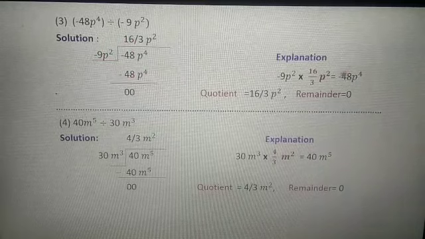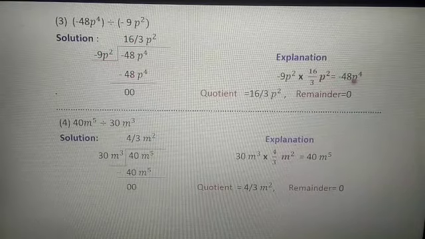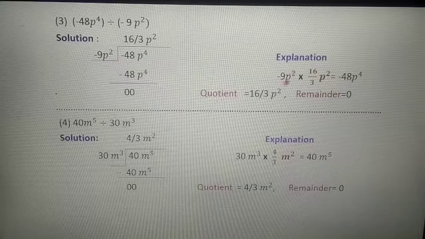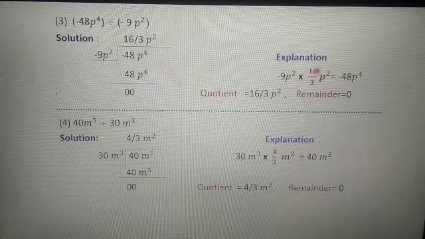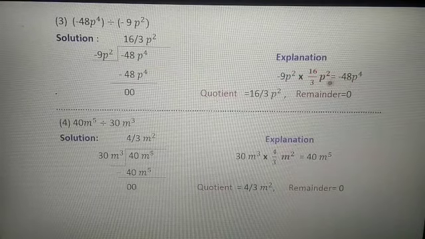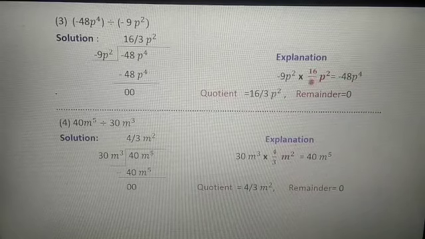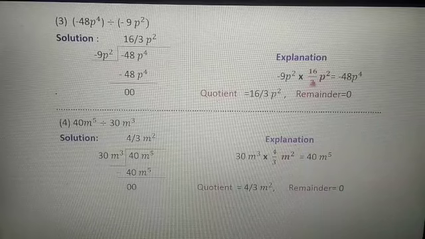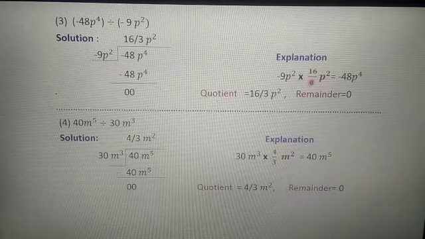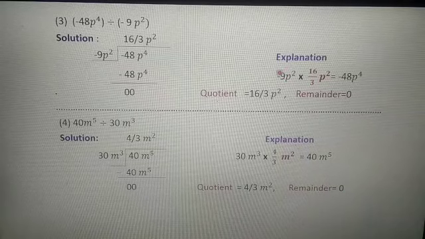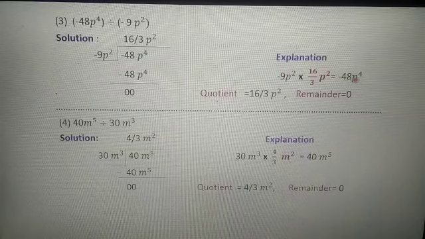Here in the explanation, the divisor is minus 9p square, and it is multiplied by what to get minus 48? If you multiply by 16 upon 3, then 9 is cancelled with 3, so 3 ones are 3 and 3 threes are 9, and 3 into 16 is 48.